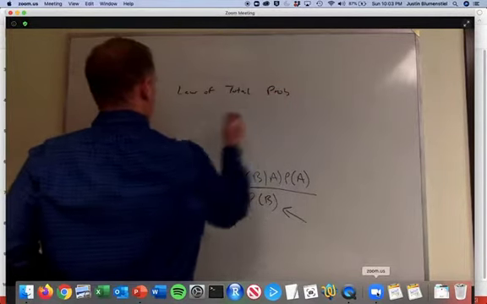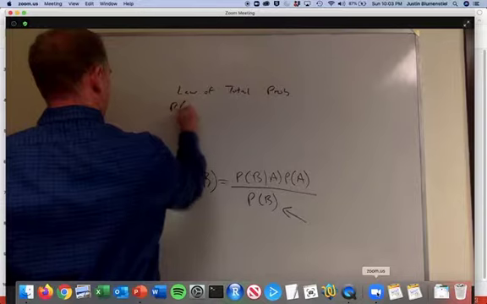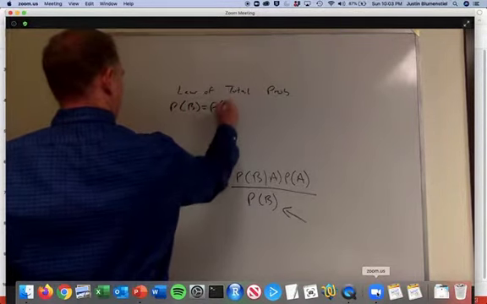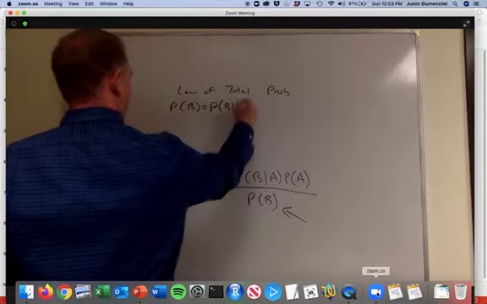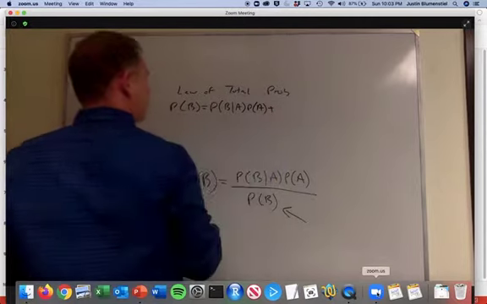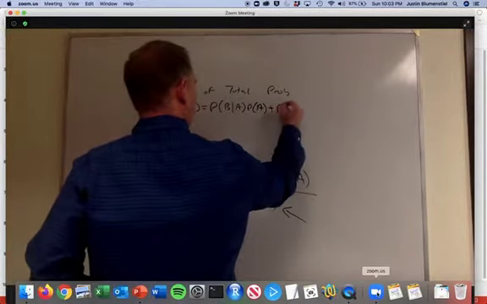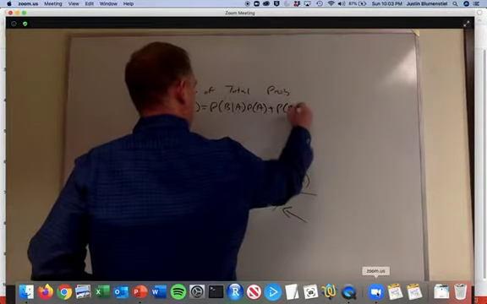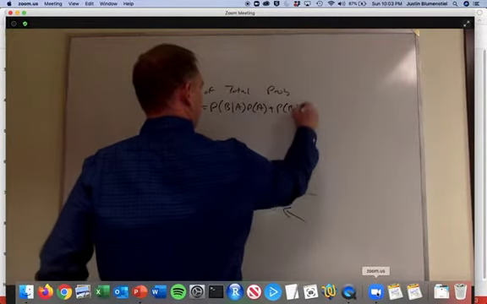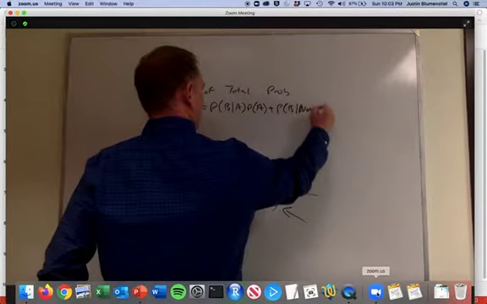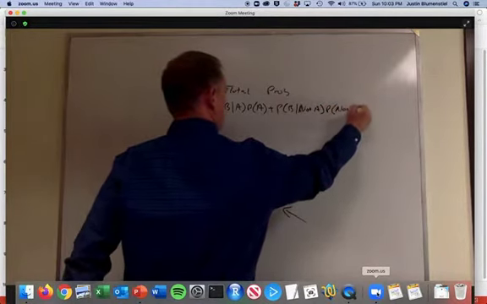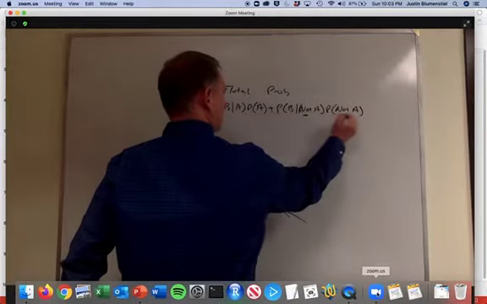If we want to break it down into either A happening or not, we can say that the probability of B is equal to the probability of B given A having happened times the probability of A having happened, plus the probability of B having happened given A not happened, so not A, times the probability of not A. Sometimes I put a minus there, so you could just put a minus there if you want.